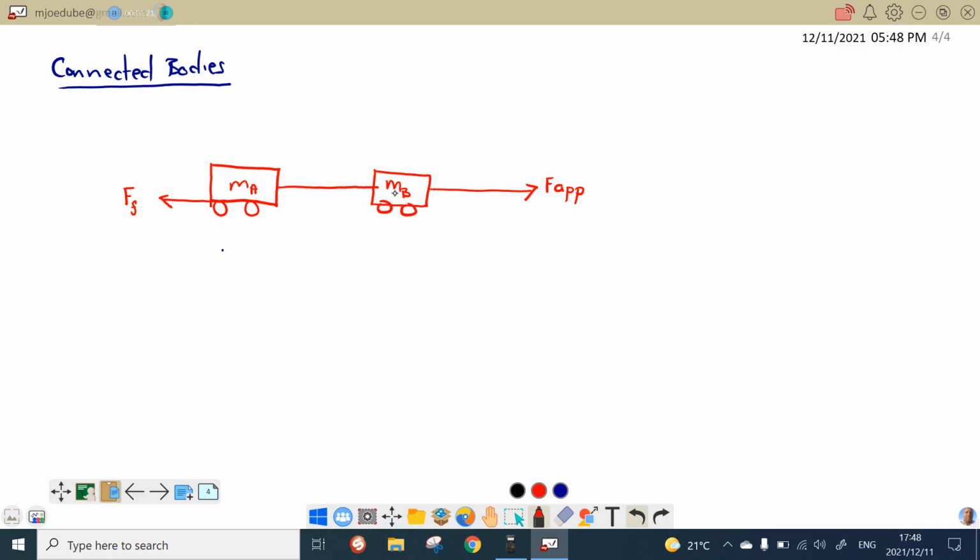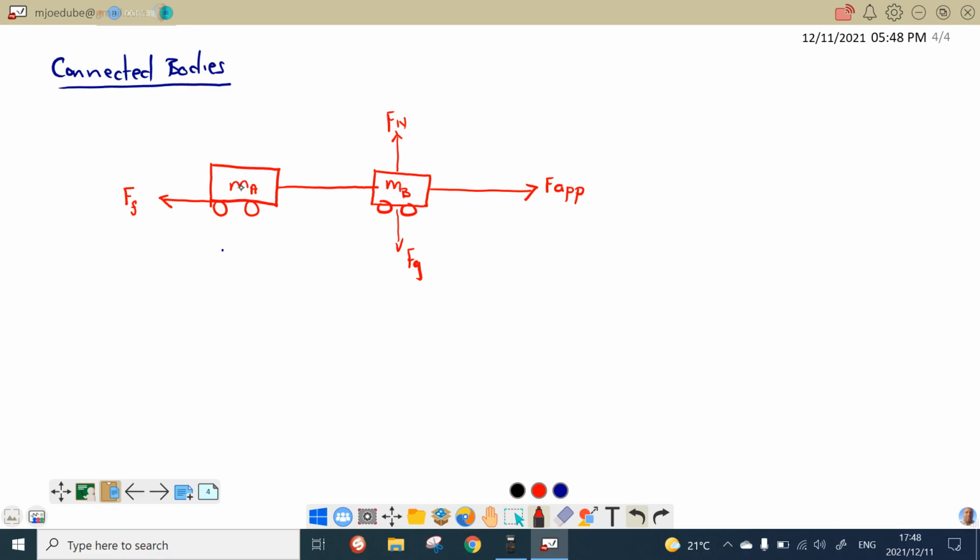On body B, we can tell that there are forces in the vertical plane as well. So there's the F normal, and there's also going to be the FG applied to that body.